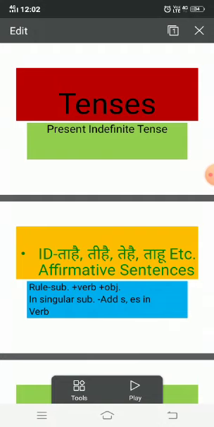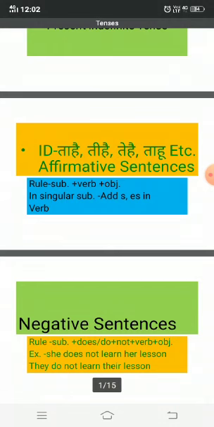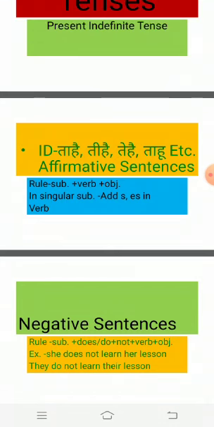So I'm going to start first of all present indefinite tense. Okay, and idea of present indefinite tense is ता है, ती है, ते हैं, ता हूँ, etc. In affirmative sentences, the rule becomes subject plus verb plus object.